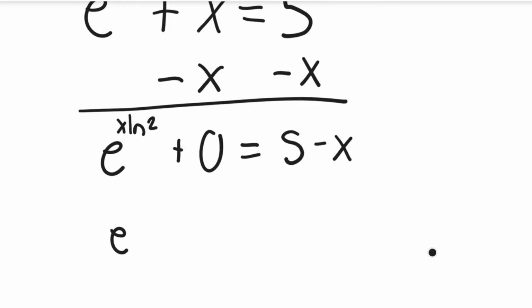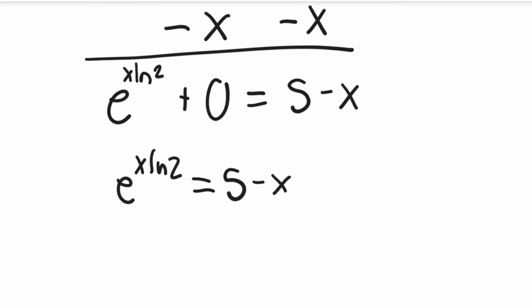And we are left with e to the x natural logarithm of 2 is equal to 5 minus x. You might think that this is messier than it was before, but actually this will help us.